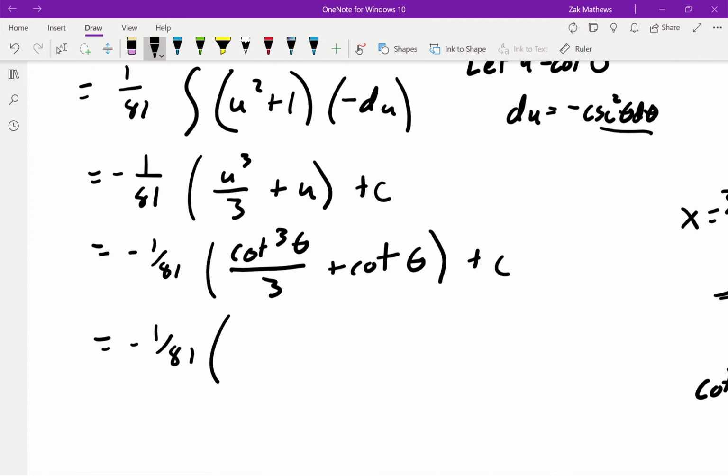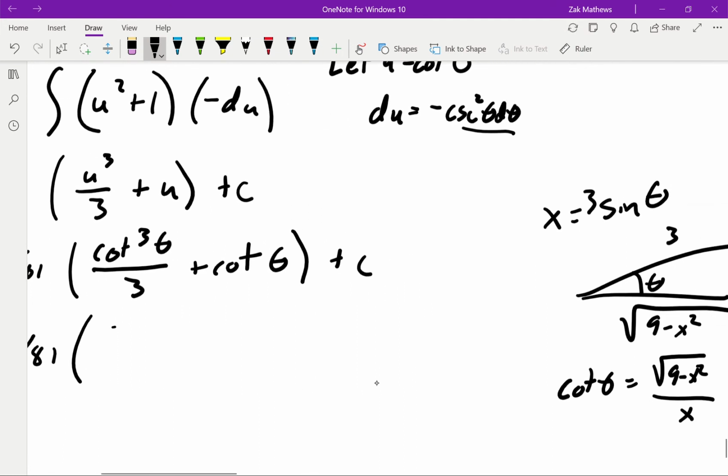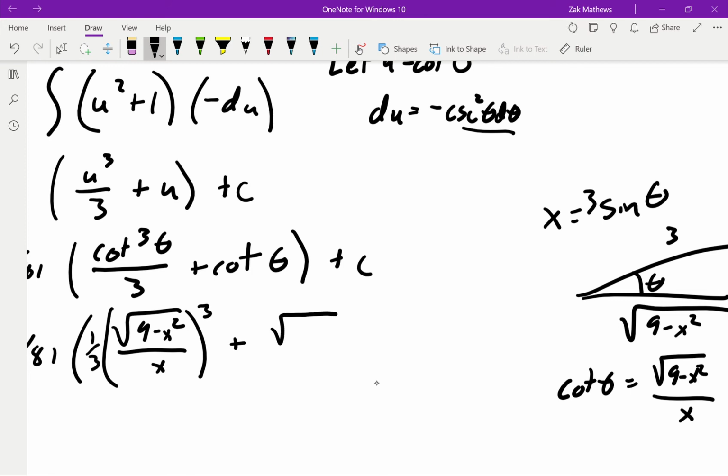We'd have the square root of 9 minus x squared over x to the third power, and then there's a one third coefficient on that, plus the square root of 9 minus x squared over x, plus the c. And so there's our answer.